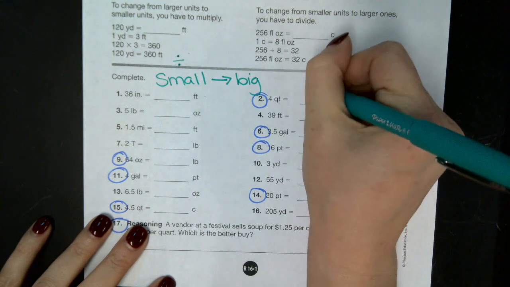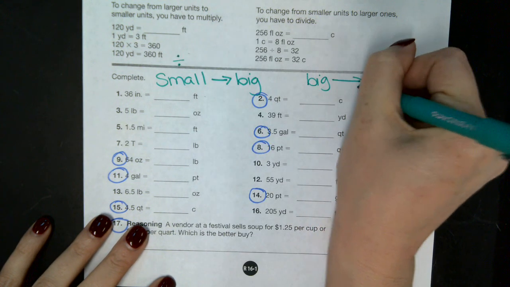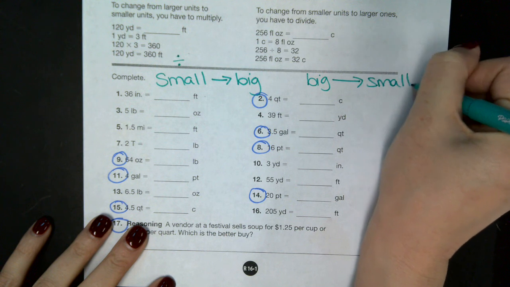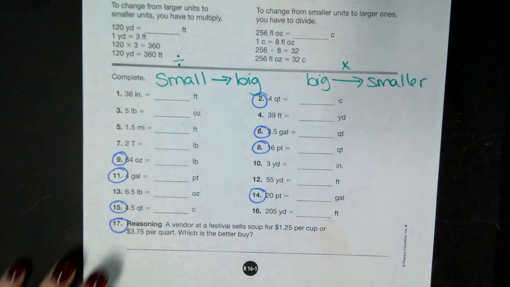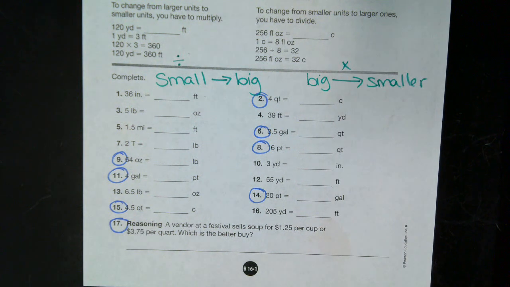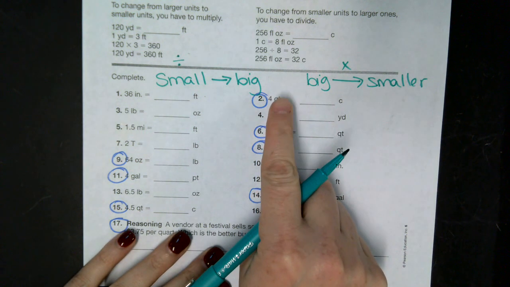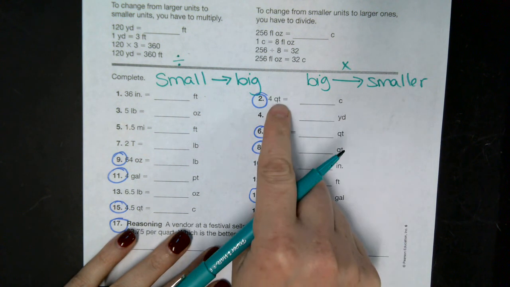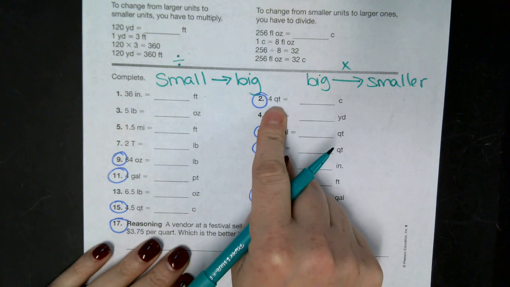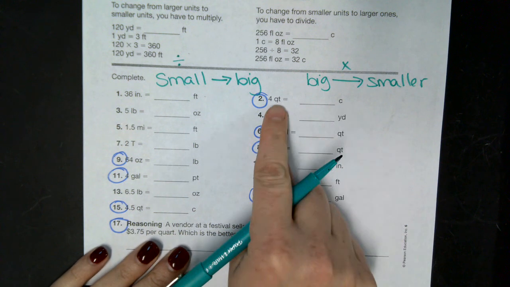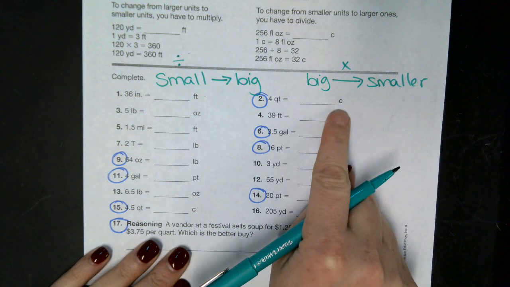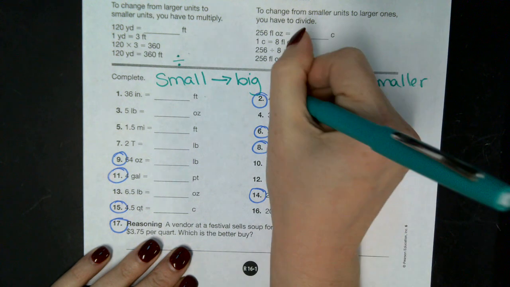If it was a bigger measurement to a smaller measurement, then we multiplied. So we have 4 quarts, and we're trying to go from quarts to cups. A quart is larger than a cup. So big to small is telling us to multiply.